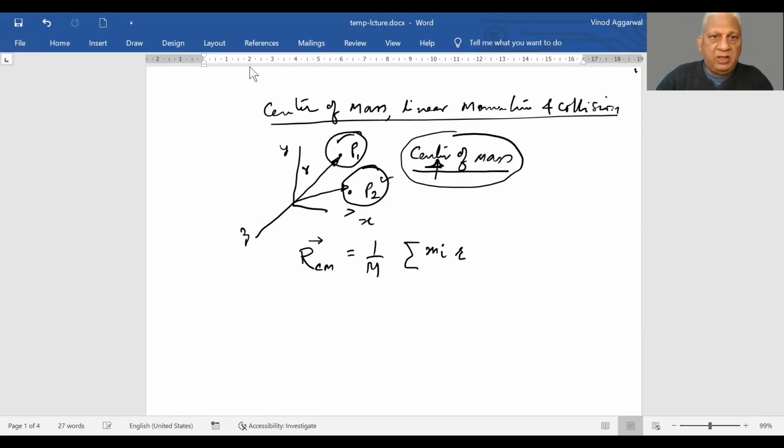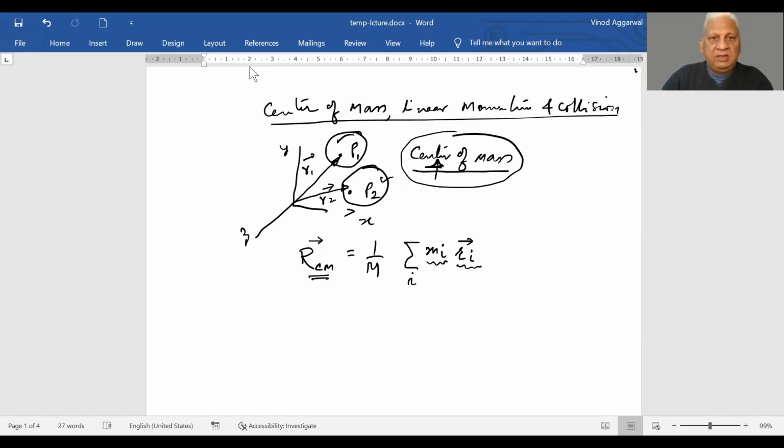For example, this may be R1, this may be R2, right? So if we sum up all position vectors, multiplied by their respective masses, what you get is the position of the center of mass.